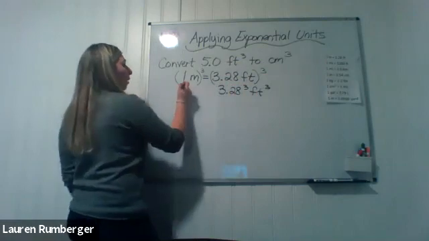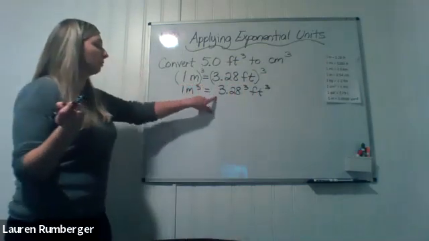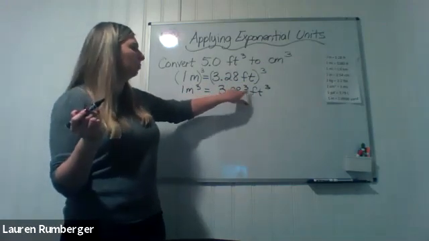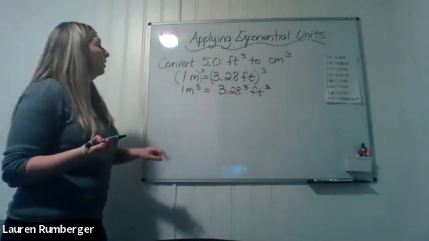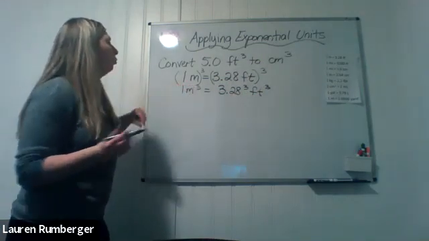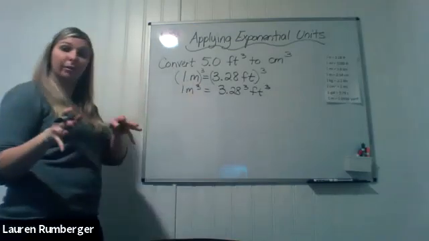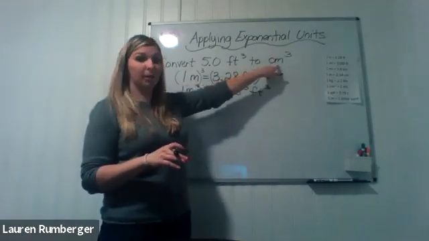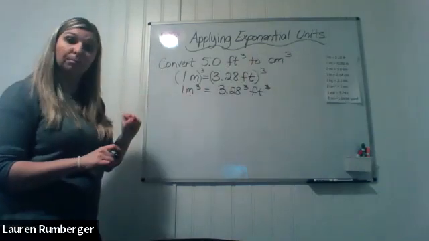Okay, so 1 meter cubed is equal to 3.28 cubed cubic feet. That is our first equivalence that we will use to begin our conversion to cubic centimeters.